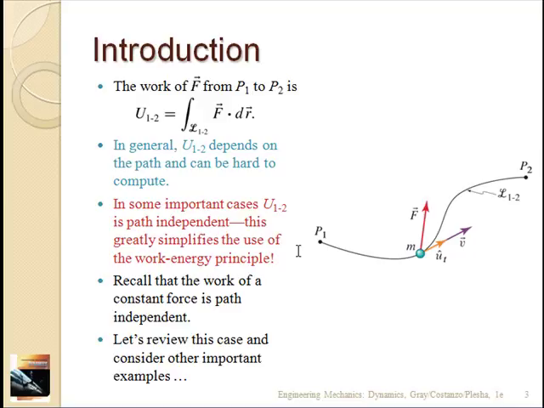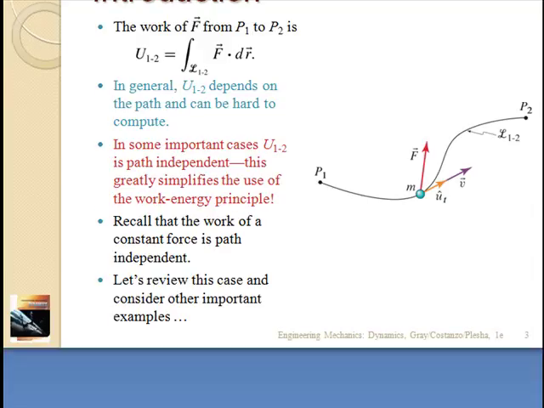So all it matters is where you start and where you finish. And for problems involving forces like that, all you need to know is kinetic energy starting and finishing, potential energy starting and finishing, and that lets you solve the problem. And so we'll look at how that works.